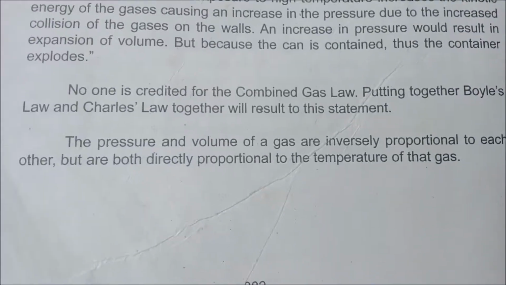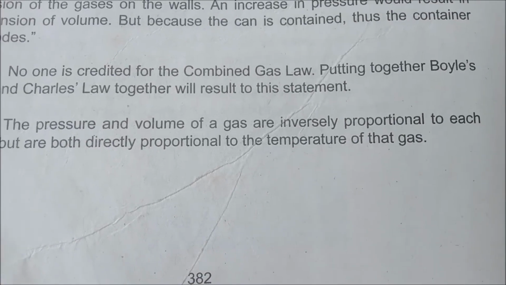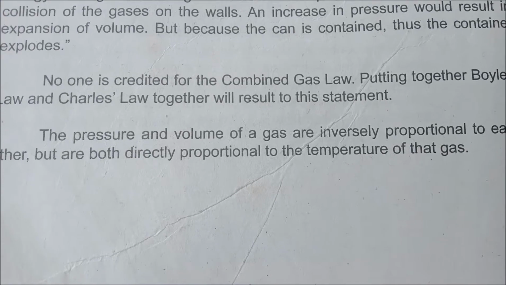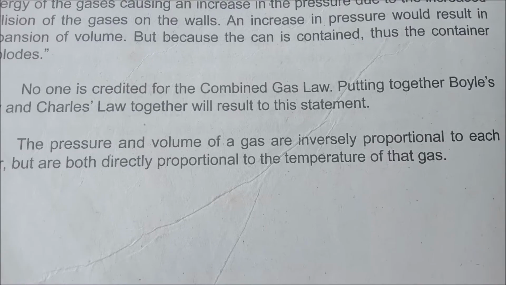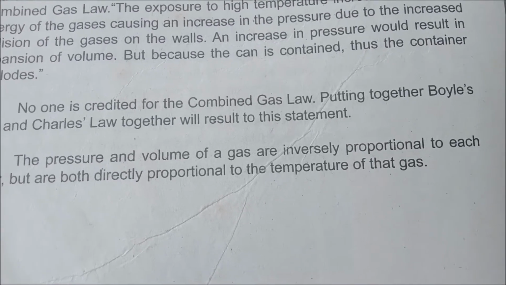The pressure and the volume of the gas are inversely proportional to each other, but are both directly proportional to the temperature of that gas. This is the combined gas law.